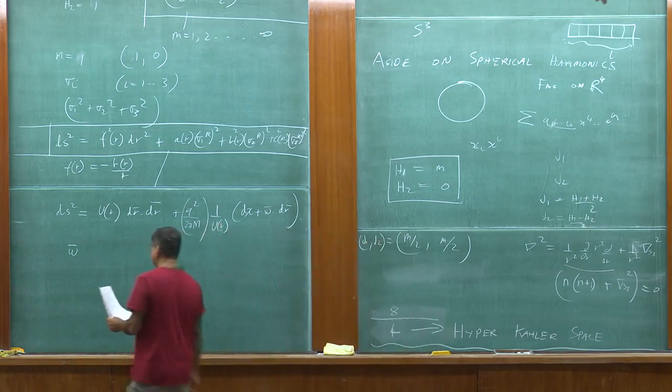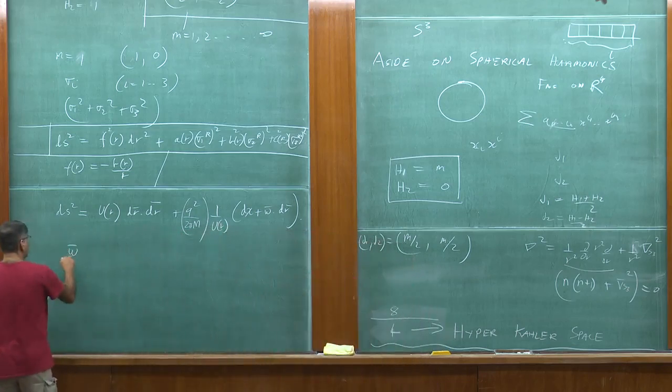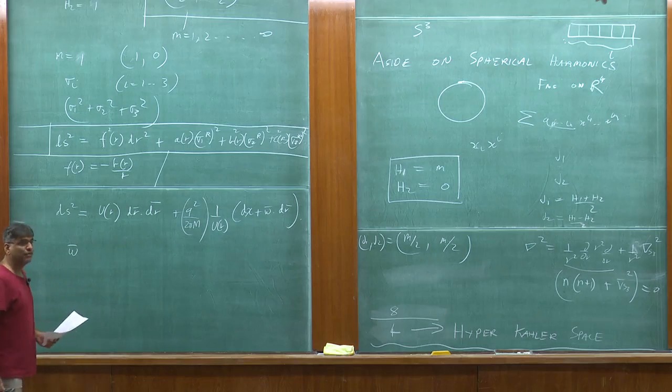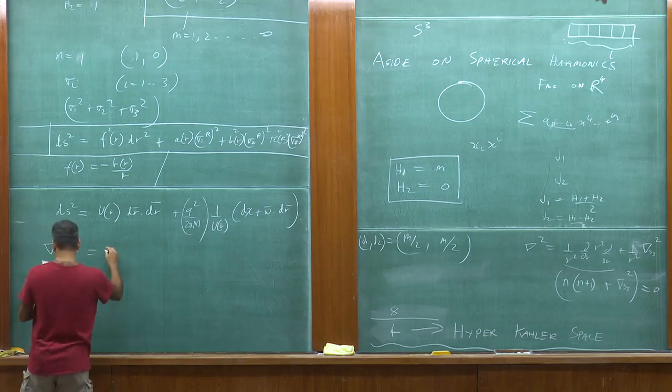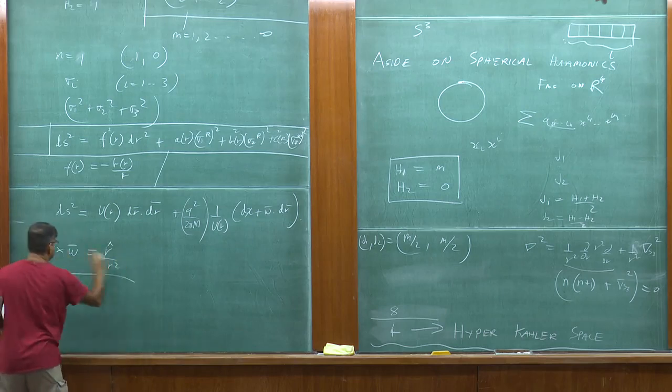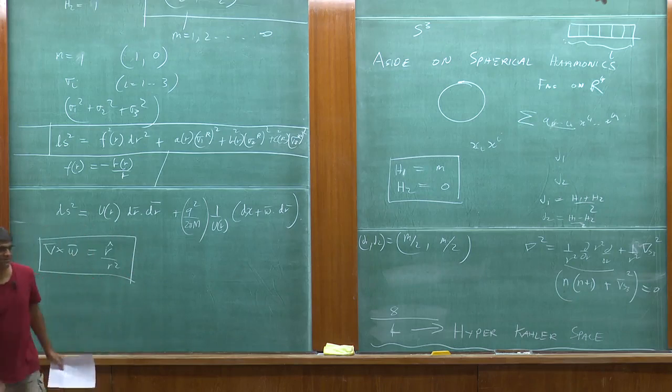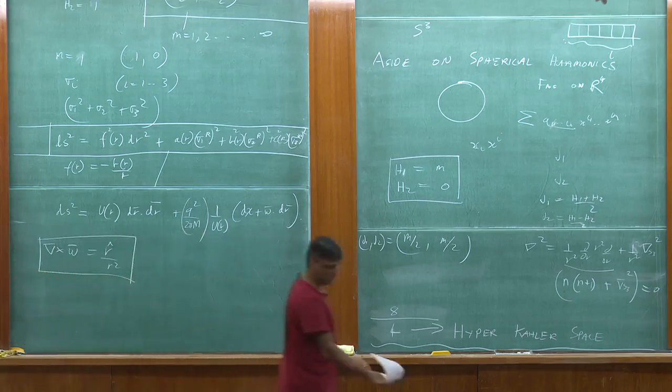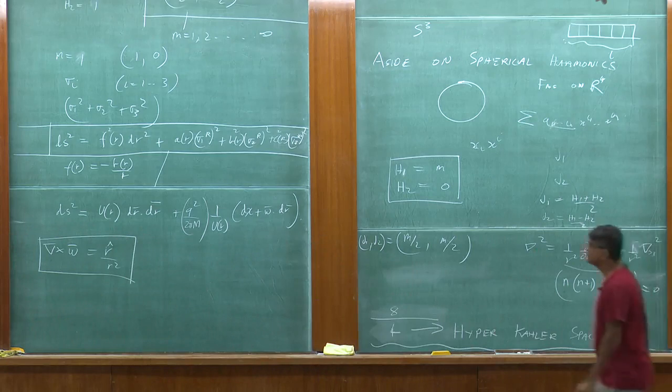is the potential for a magnetic monopole. So omega obeys the equation del cross omega is equal to r hat by r square. Is there a square in the second?